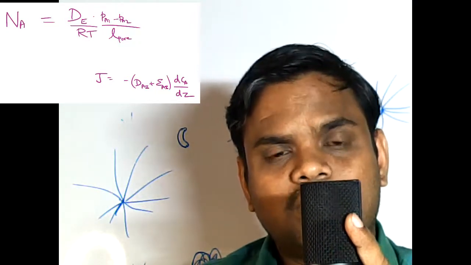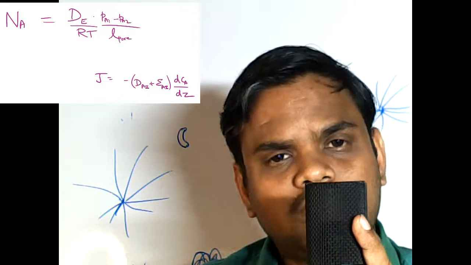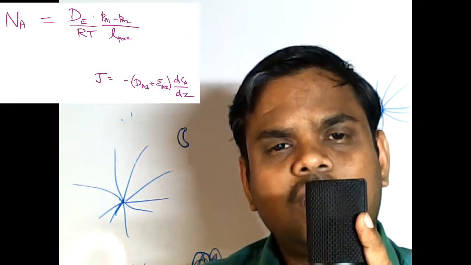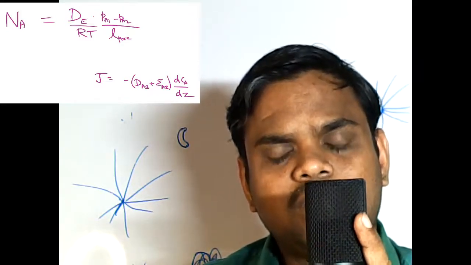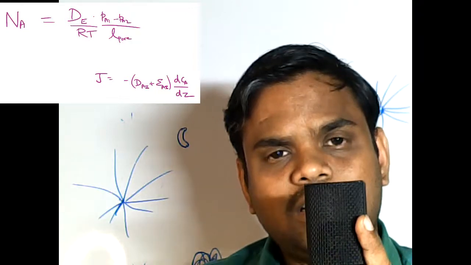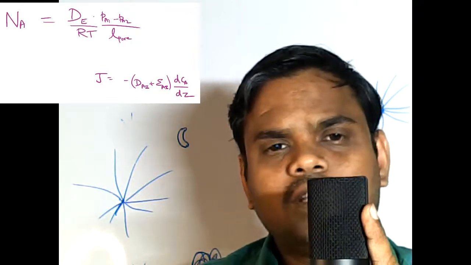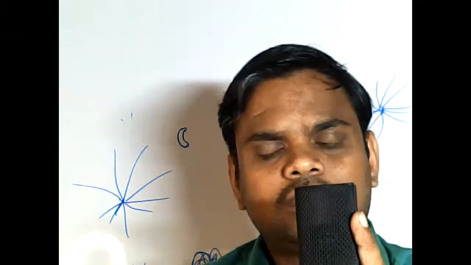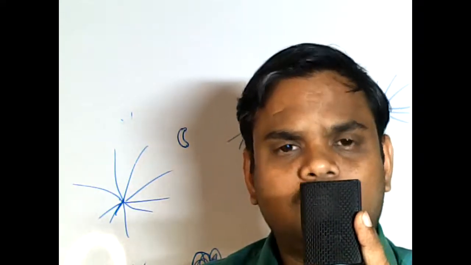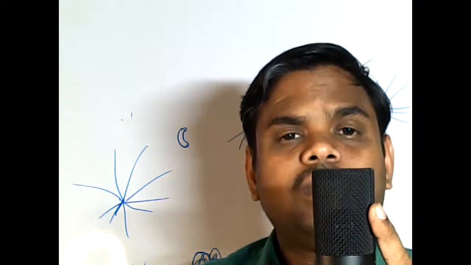So the overall flux can be given as J flux equal to, instead of simply writing dAb, we will replace it with minus of dAb plus epsilon d, into concentration gradient dCA by dx, right? So this is one dimensional. We can even write the continuity equation for mass transfer.